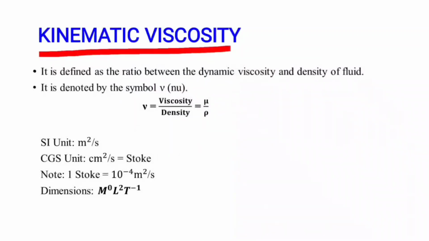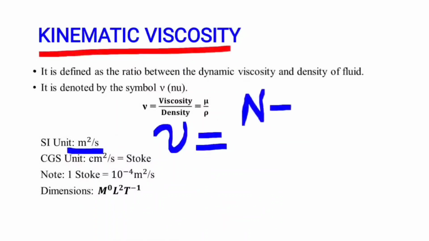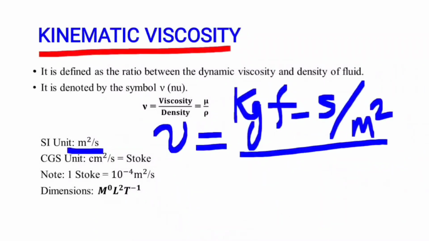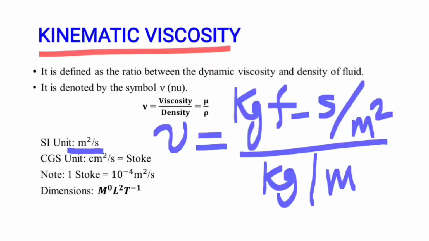The SI unit will be meter square per second. How does it come? Nu is equal to mu, which in SI unit is kg force second per meter square, divided by kg per meter cube.